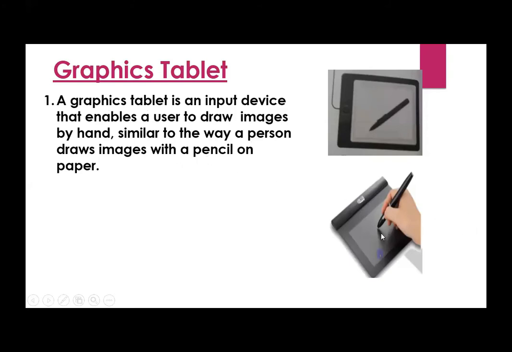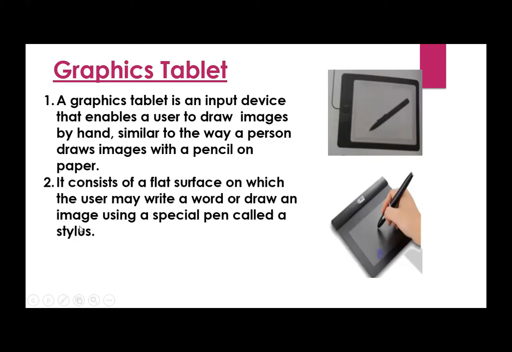But with a graphic tablet, we write or draw on this device and are able to see it on the screen. It enables the user to draw the image by hand and see it on the monitor screen directly. It consists of a flat surface, as you see here.